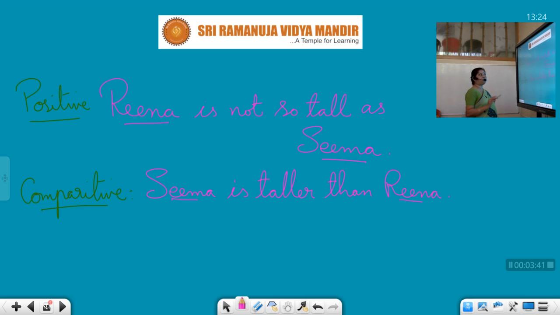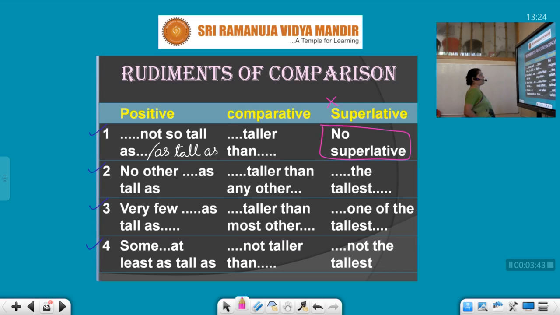Okay, she's taller than. So look into the first rule, students, not so tall as. Supposing you have not so tall as, then in the comparative case it will be taller than. Supposing you have as tall as, then in the comparative case you will have not taller than. Did you understand the point? If not is used over here, there will be no not in the comparative. If no not is used over here, then you have to use a not in the comparative. That's the rule.